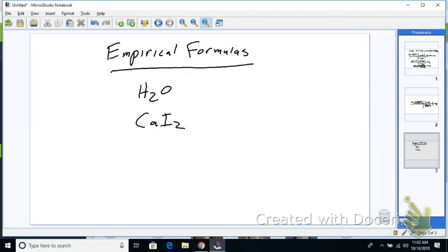Now, something that's not an empirical formula would be glucose. That is not an empirical formula. Now, what is the empirical formula for glucose?